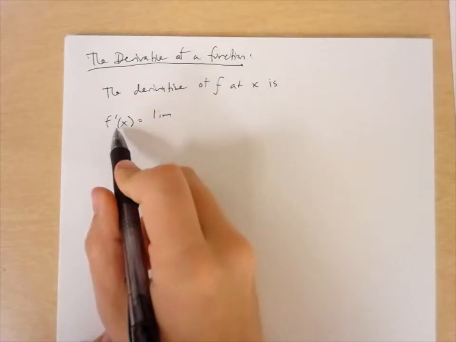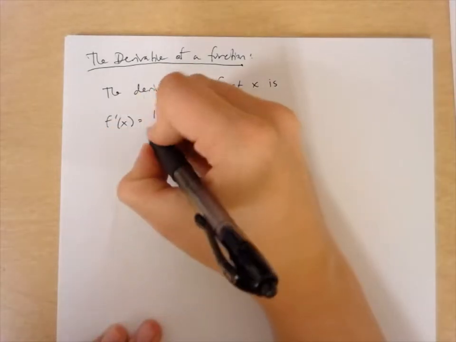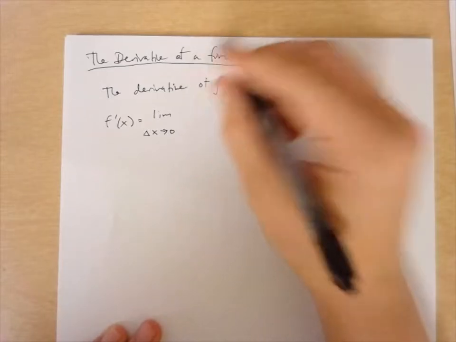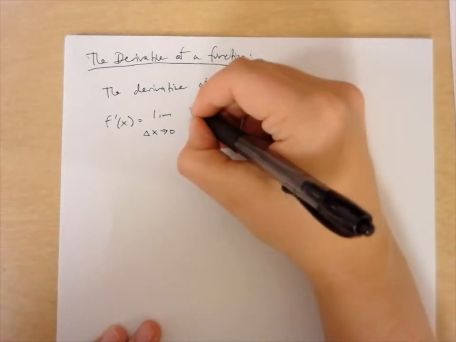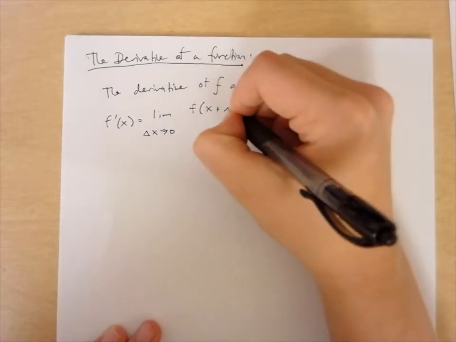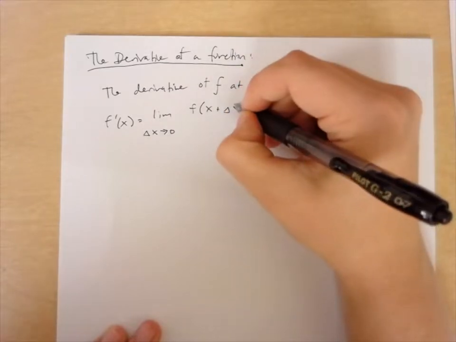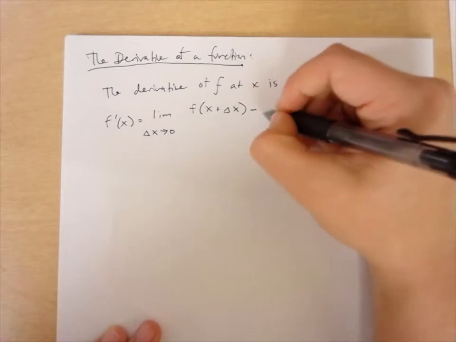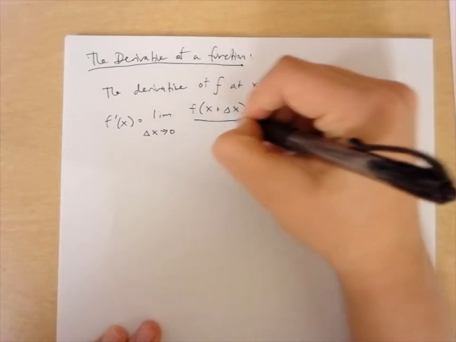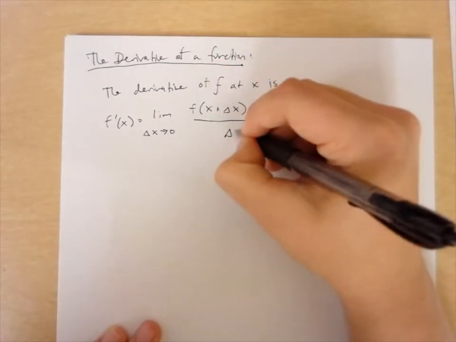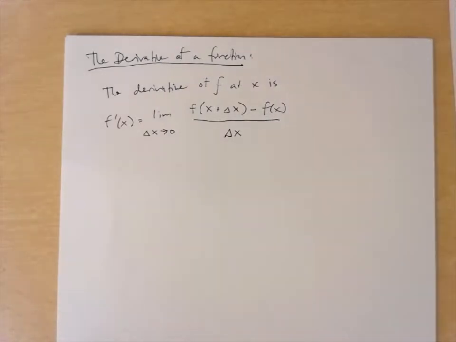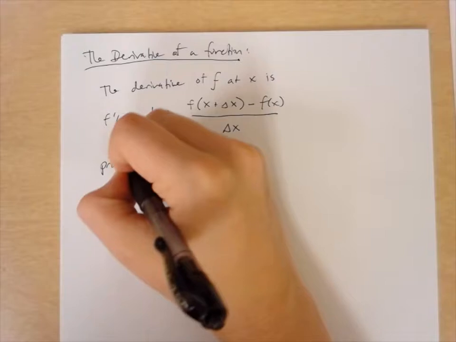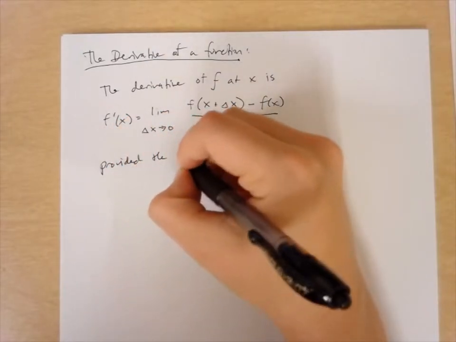That's how we denote a derivative, is f prime of x. And we say the limit as change in x approaches 0 for our rate of change function. So f of x plus change in x minus f of x all over change in x. And then we say, provided, of course, that the limit exists.